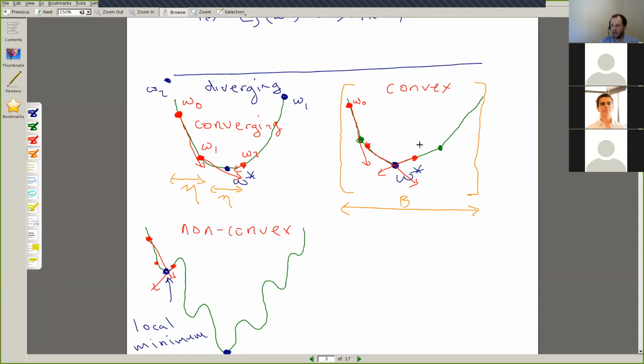So if somehow I had special knowledge of the problem where I could say only search in this region here and have this smaller B value, call it B prime to distinguish it from this. If somehow I was able to constrain my search space to be this smaller region B prime instead of this larger region B, then intuitively, since there's less region for me to search, the search will go faster.